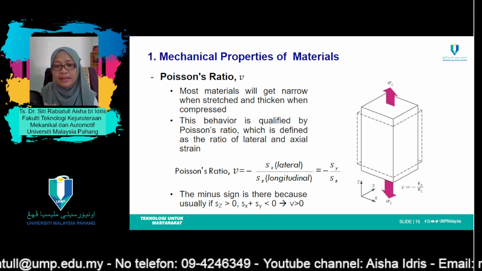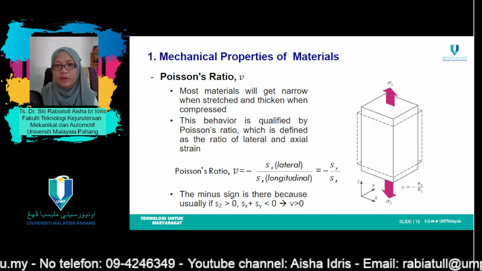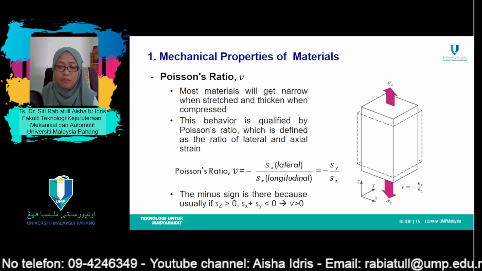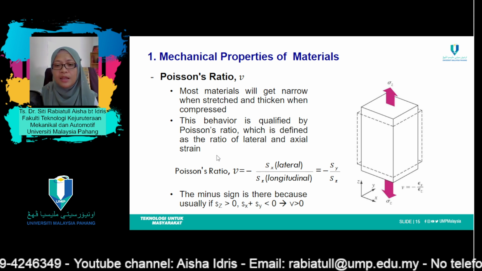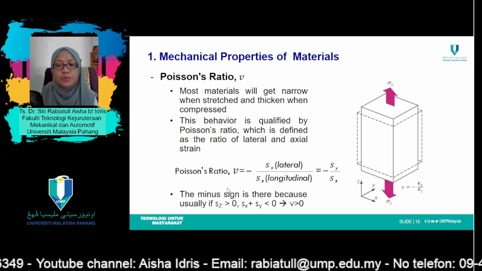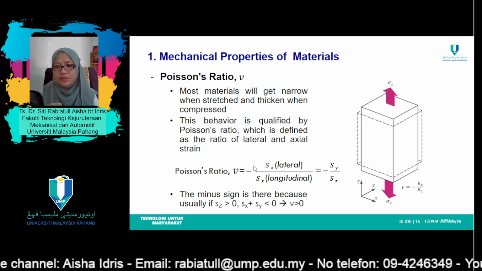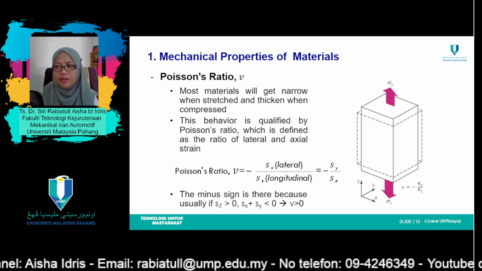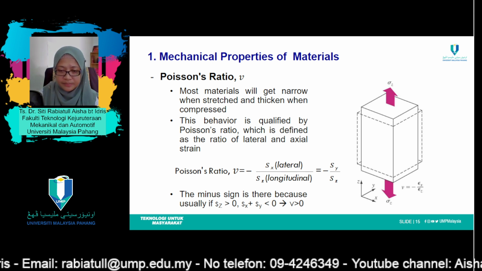Same goes to its length, whereby its dimension will become thinner and also longer. So that's the meaning of Poisson ratio, and the value is always negative because it shows that it is in a shrinking condition.